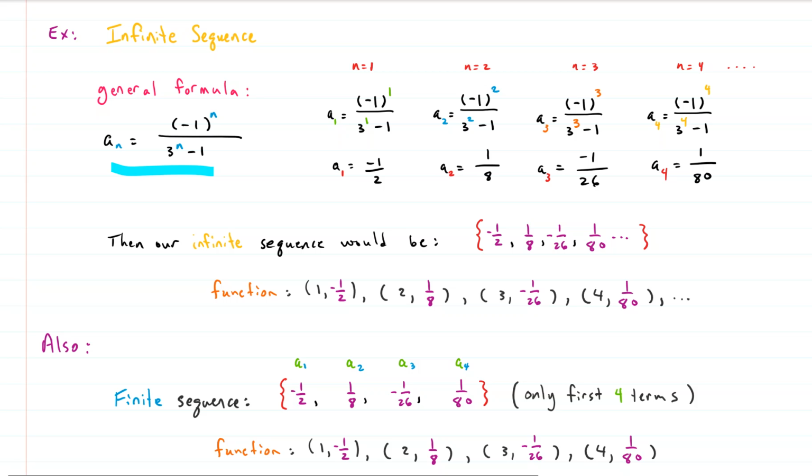So our sequence will be alternating in sign. And then at the bottom, we have 3 to the n power, and then we have a -1. So the -1 is not in the power. We have 3 raised to the n power, and then -1 afterwards.